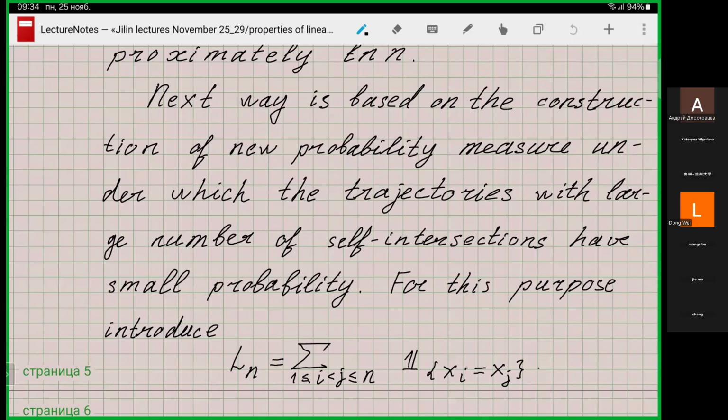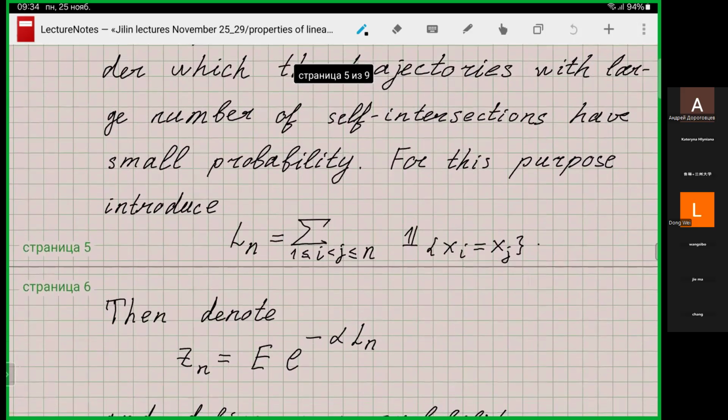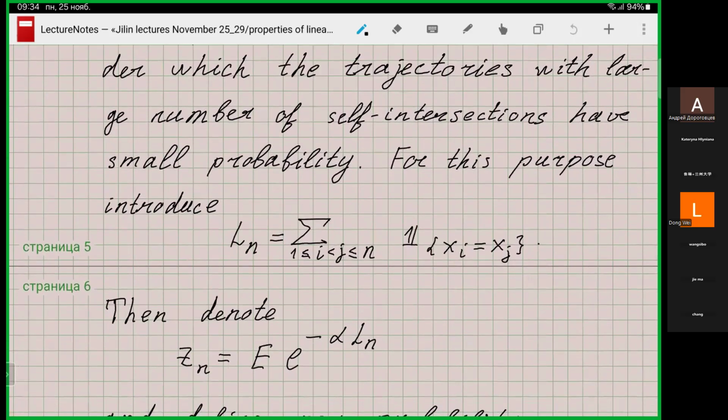In the discrete time case, it is a very simple expression which looks like this. We just calculate the pairs i less than j for which x_i is equal to x_j. And finally, consider, for some alpha, the expectation of exponent of minus alpha L_n.